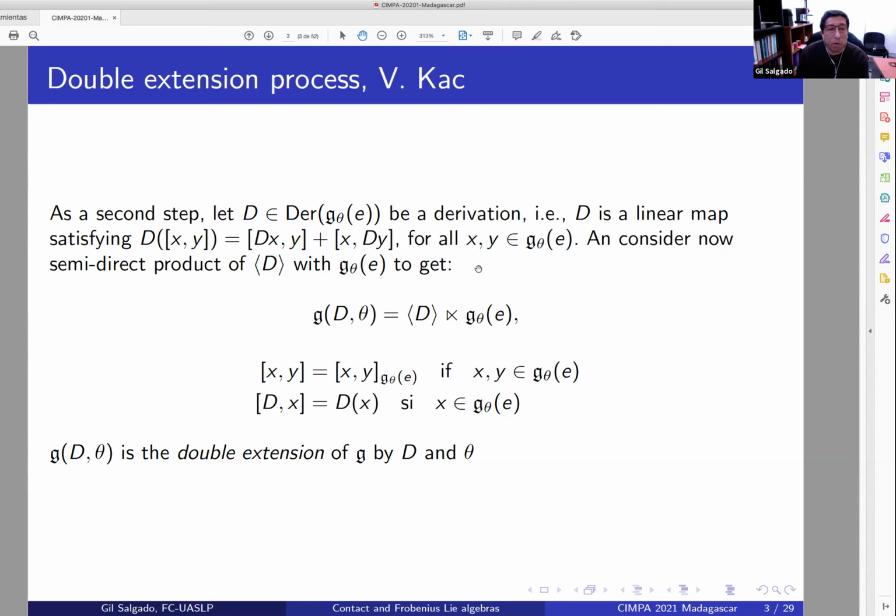Two central extensions given by alpha and beta will be isomorphic if and only if their cohomology classes are the same in the scalar 2-cohomology of G. And if we extend the Lie algebra by a derivation, which I will denote as G of D, two of these extensions will be isomorphic if and only if there exist a non-zero scalar, an element of the Lie algebra, and an automorphism of the Lie algebra, such that we can describe the first derivation in terms of these operations.